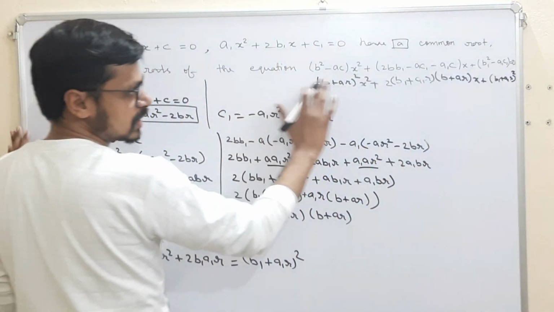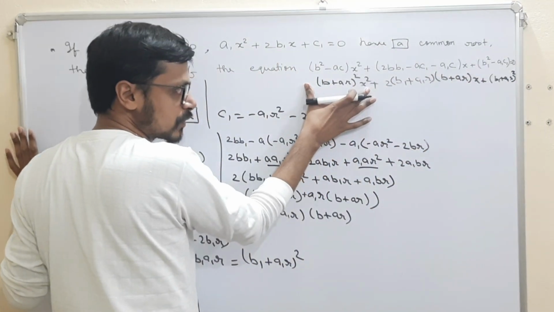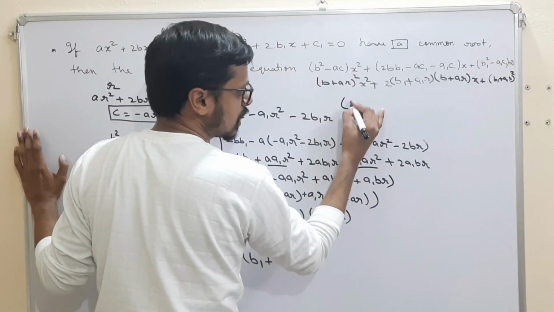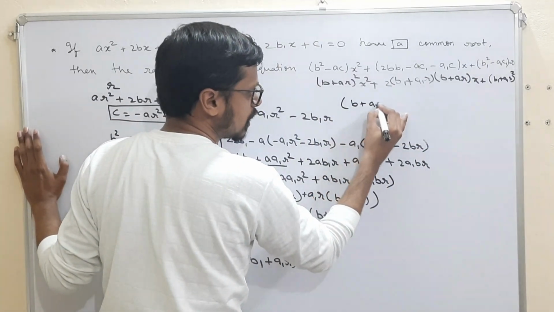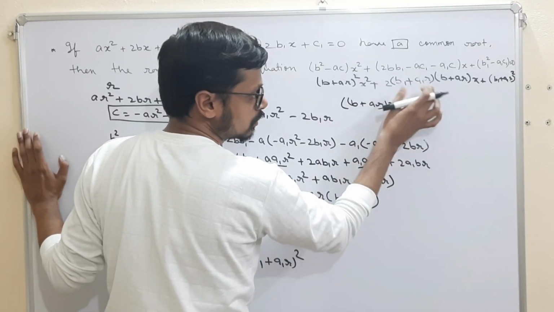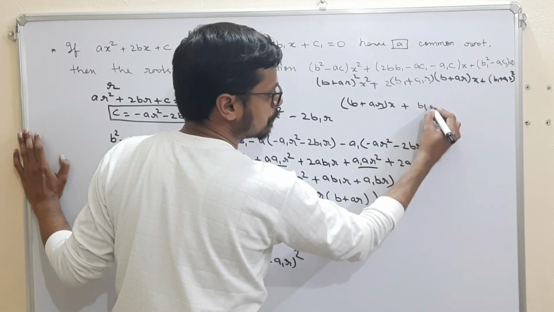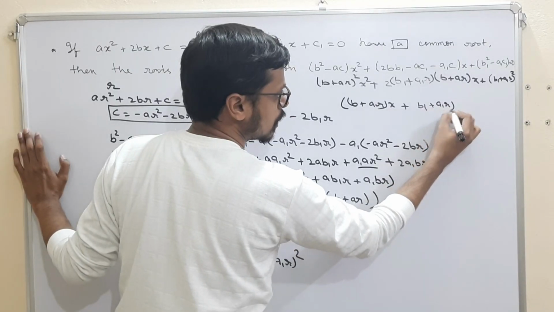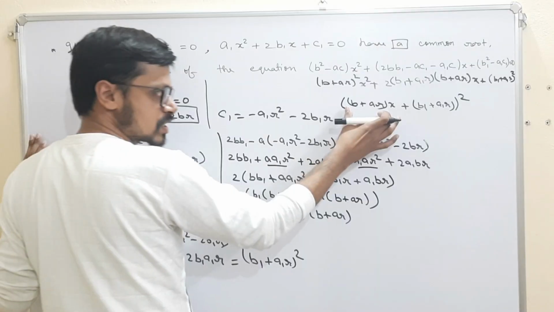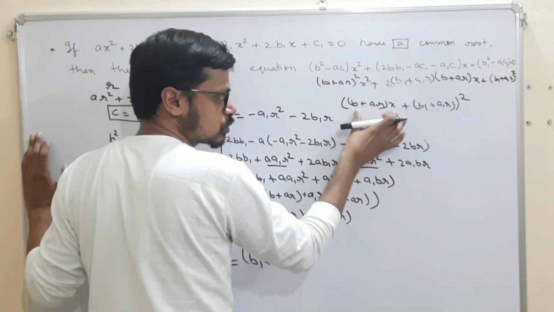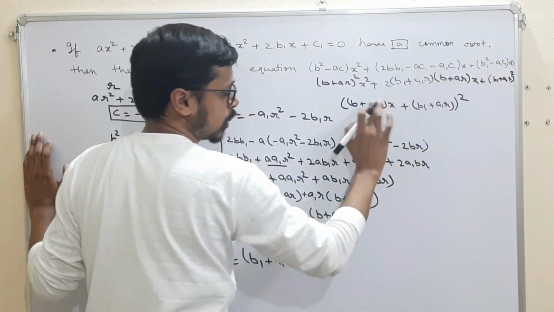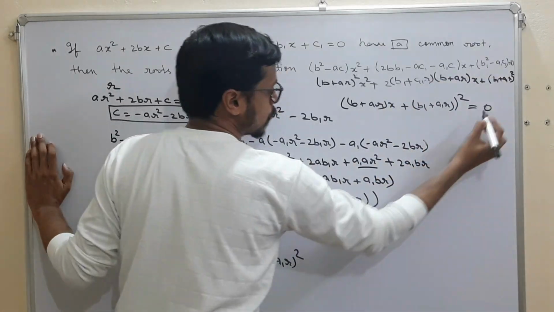Okay, so if you see it carefully, it is in the form of a square plus 2ab plus b square. So we can write it as b plus ar x, okay, and then for this one we will write b1 plus a1r, okay. So it is in this form. So this is our a term and this one is b term. So it is in the form of a plus b whole square. So this is a square plus 2ab plus b square. So now it is given equal to 0.